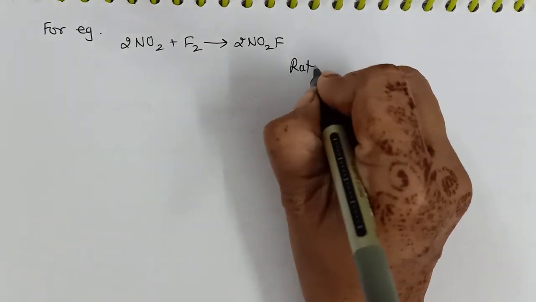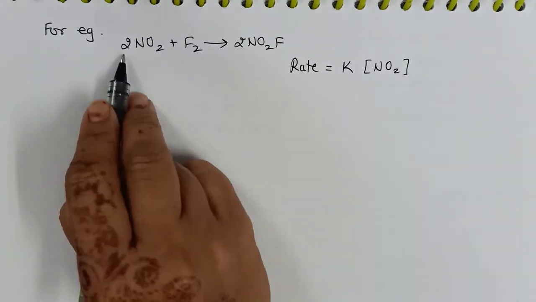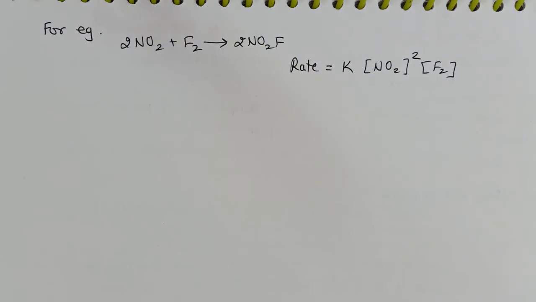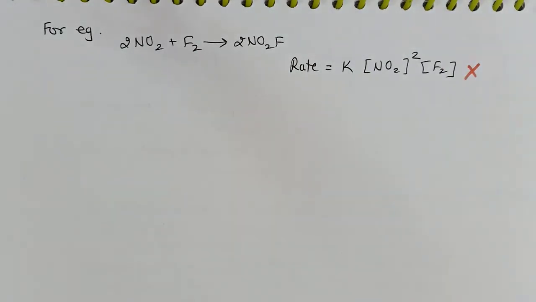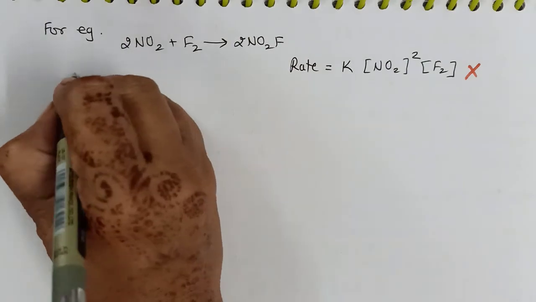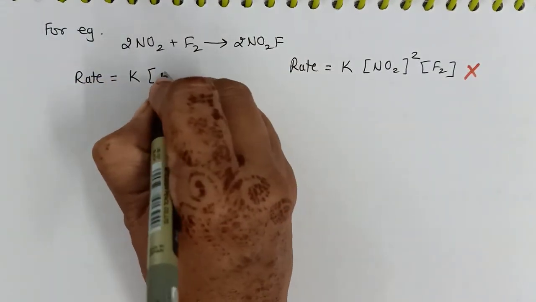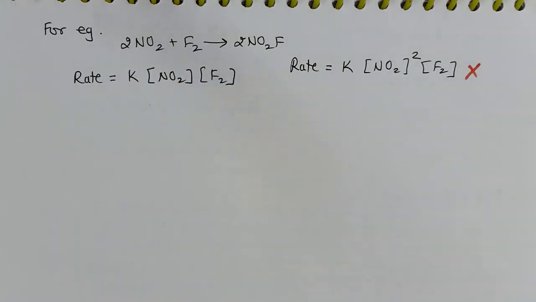So from this expression, we can write the rate equals K into NO2, stoichiometry is 2, so we'll take power 2, into F2. But when the experiments were actually done, it was found that rate does not follow this expression. Instead, the rate is equal to K into molar concentration of NO2 and molar concentration of F2.